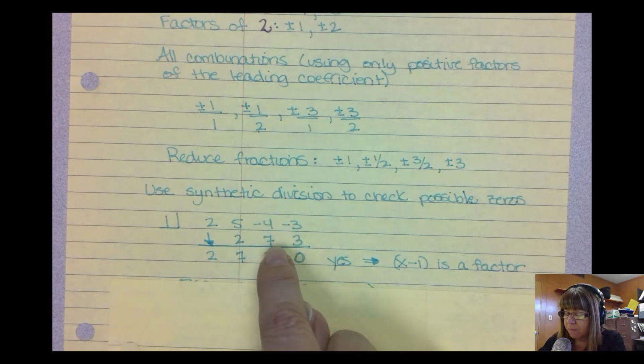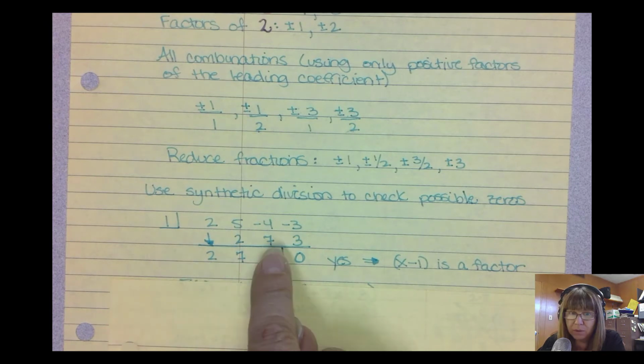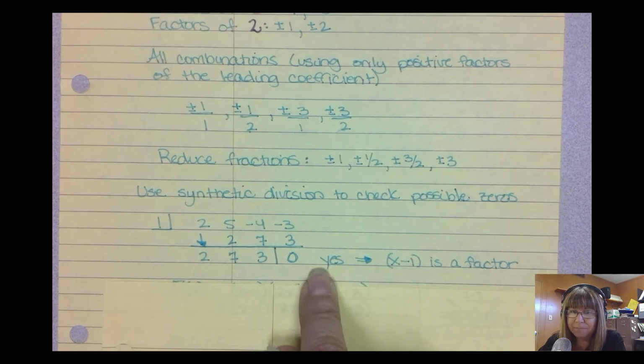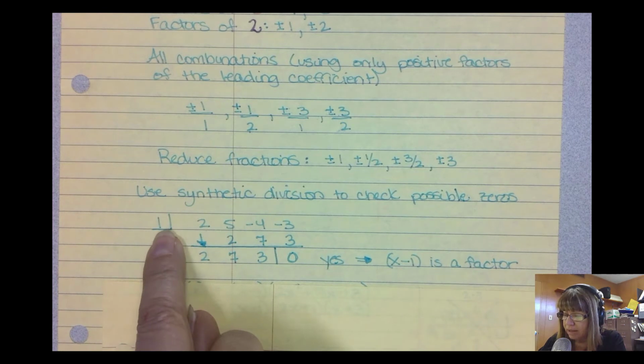Negative 4 plus 7 is positive 3. 1 times positive 3 is 3. And negative 3 plus 3 is 0. And since we end with a 0, yes, 1 is a rational zero of our function.